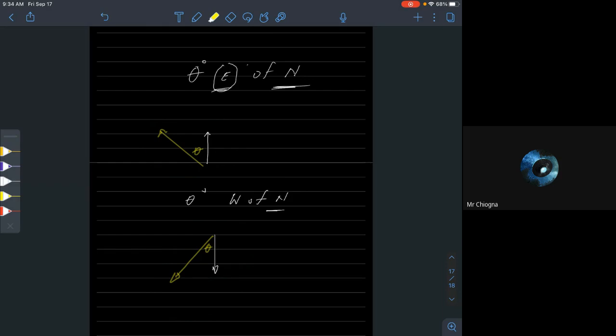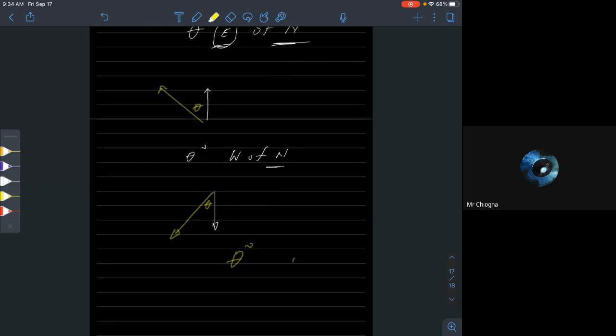Okay, so now define it. It's theta degrees, something of something. They'll always have two terms. The direction of the white arrow is south. And which way is the yellow arrow leaning? Yeah, west. So it's west of south.